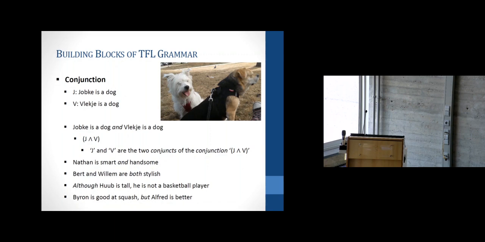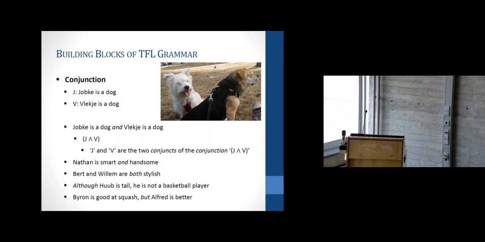Okay. So this sentence also involves a conjunction. Although who is tall, he is not a basketball player. Although here basically also has the function of a conjunction, right? Another way to say the sentence is who is tall and he is not a basketball player.